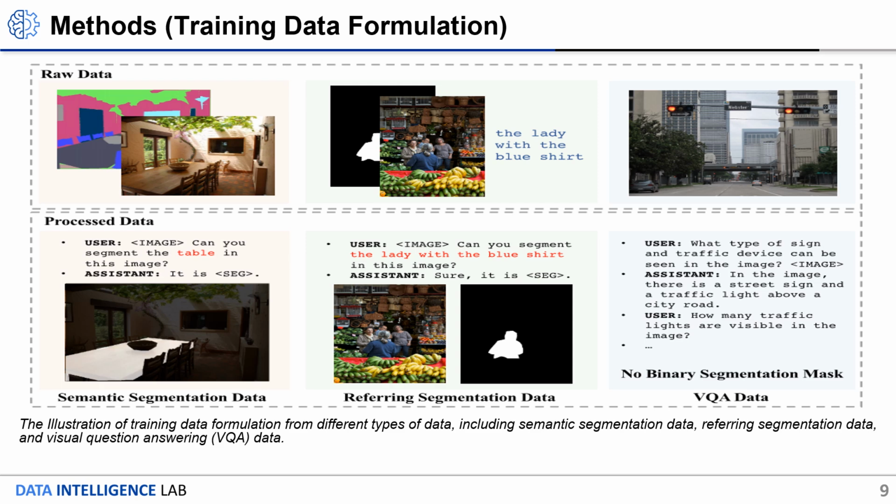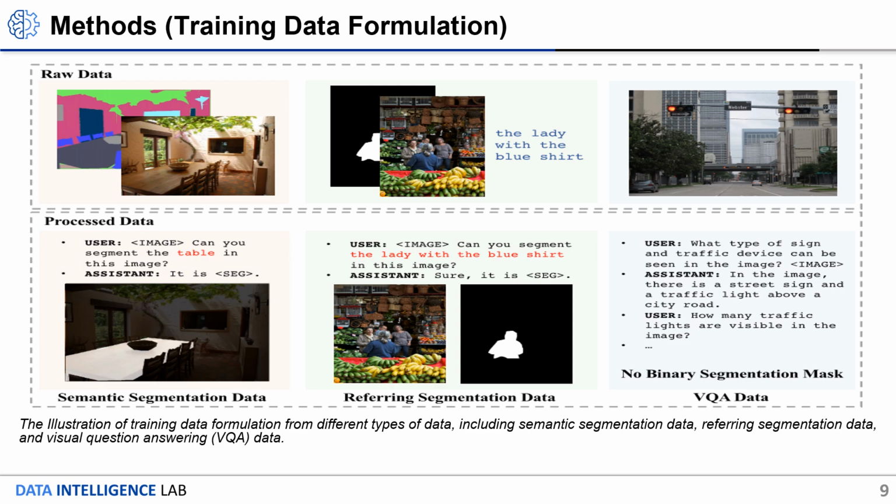The desired answer is SEG. The model is trained using the binary mask for just the table as the ground truth for the SEG token's output. This teaches LISA to associate class names with segmentation masks via the SEG token.